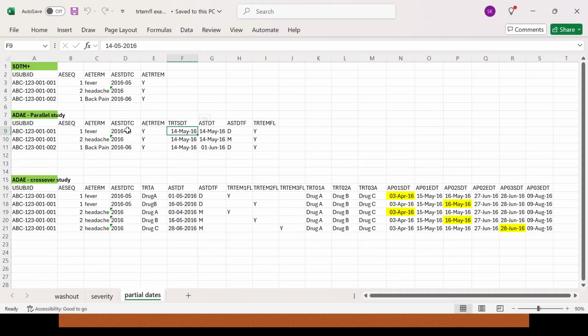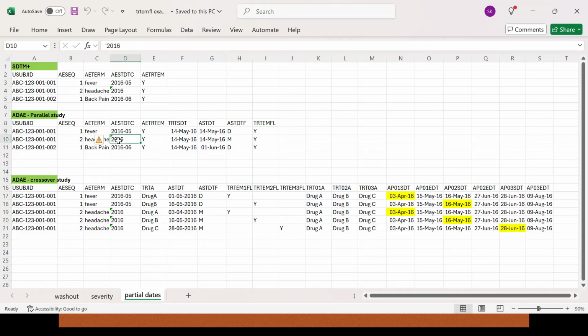So since it is same, the imputation logic, which is normally followed in most of the studies, says that if the month and year of the AE start date is same as the treatment start date, then we will impute the day part same as the treatment start date. So here the imputed ASTDT will become the 14th of May. So what we have done is we have imputed the 14th of the treatment start date in the AE start date here. And we will mark the treatment emergent as Y.